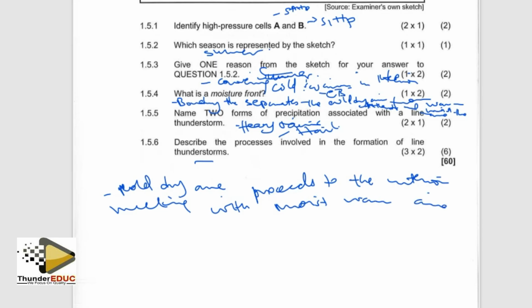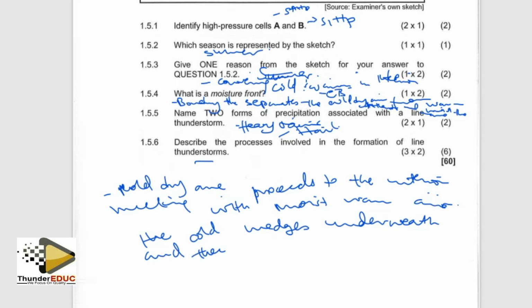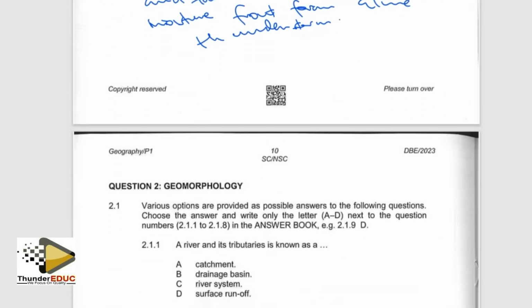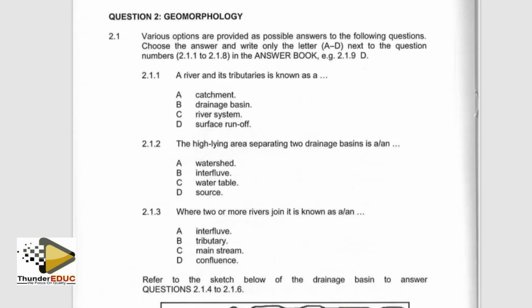When it meets with the moist warm air, the cold air wedges underneath, and the warm air rises along the moisture front, forming a line thunderstorm, which comes with lightning and all that, with a line of clouds that forms on the eastern side of the thunderstorm. Okay, we go to question 2.